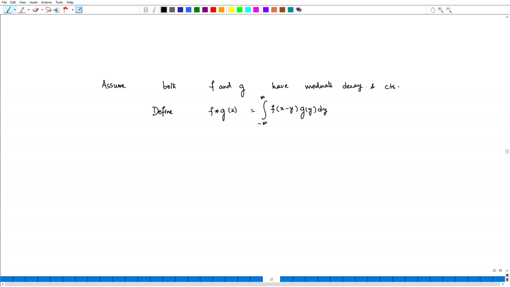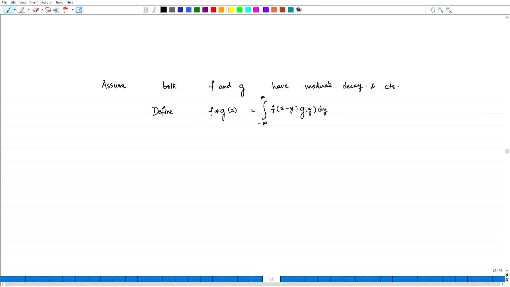Look at that, this integral exists because both f and g have moderate decay. So, in particular they are bounded. If you push the modulus inside, then you can pull out the bound for g or f, and then mod of g is integrable. So, there is absolutely no problem in defining this integral.